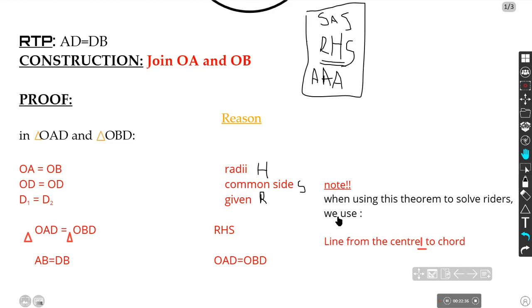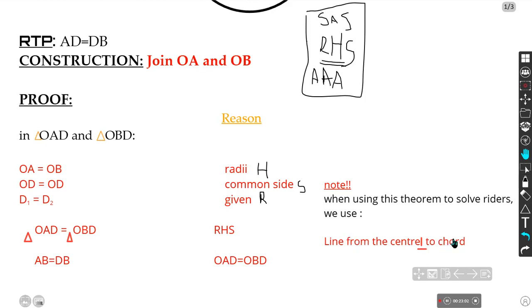And then you need to note that when using this theorem to solve riders, we use the line from the center perpendicular to the chord. Now, what is a rider? Riders are those questions where we can use the line from the center perpendicular to the chord. But when we are required to prove all of this, you are not supposed to use this reason.